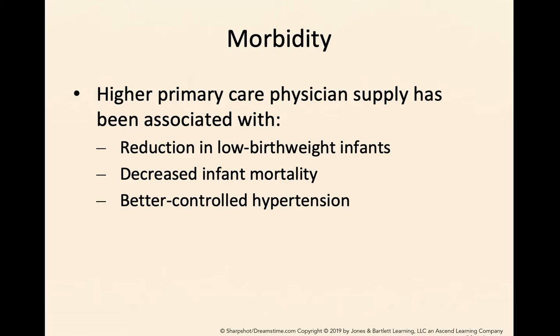We're talking about prenatal care patients here. Also a lower occurrence of infant mortality, which is death of a child before turning a year old. And having adequate primary care in a given population has also shown lower morbidity in hypertension, meaning there's better controlled hypertension.